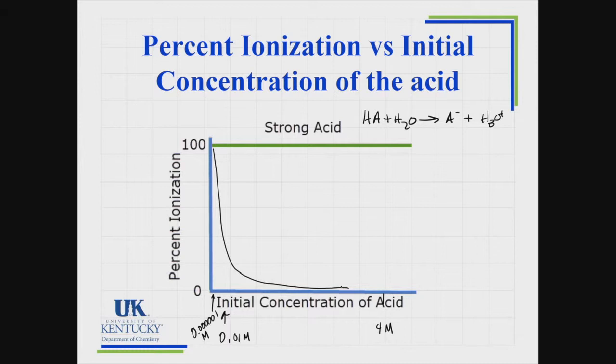So the pH changes with concentration, and the percent ionization changes with concentration. It will ionize less and less the more you put in there. The more acid you put in there, the less percent ionization it has. The pH will still go down because you're adding more acid, but the percent of them that actually ionize drops off.